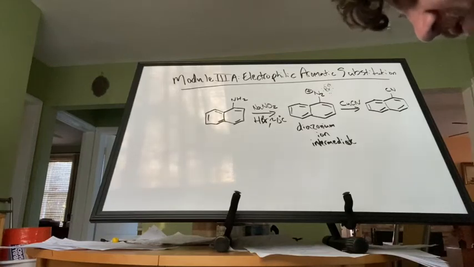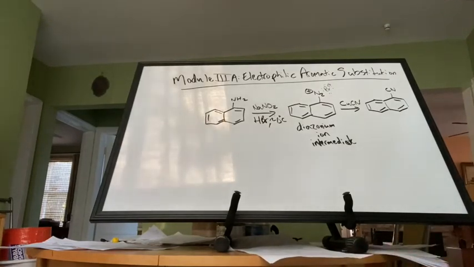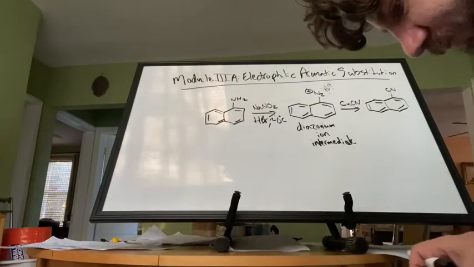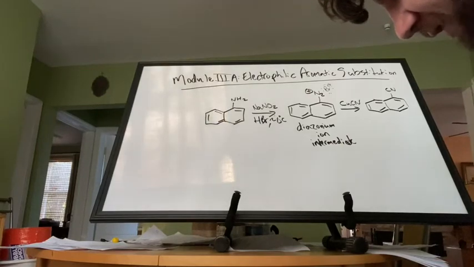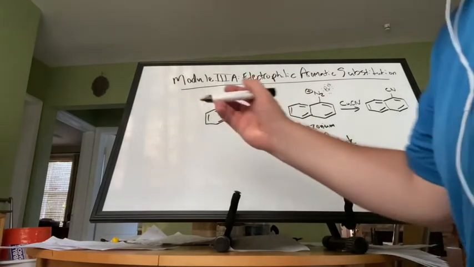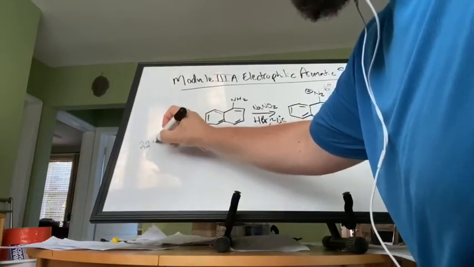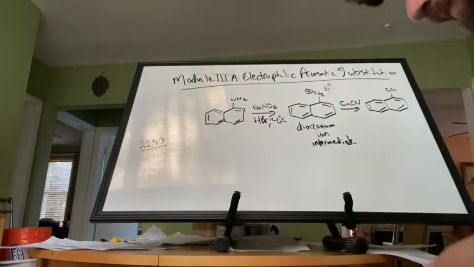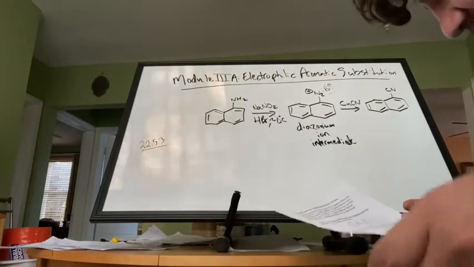Okay, so speaking of synthesis, let's do a few synthesis problems, and we'll wrap up this particular lecture. Okay, so problem 22.53 on page 1141. Again, that's on page 1141.